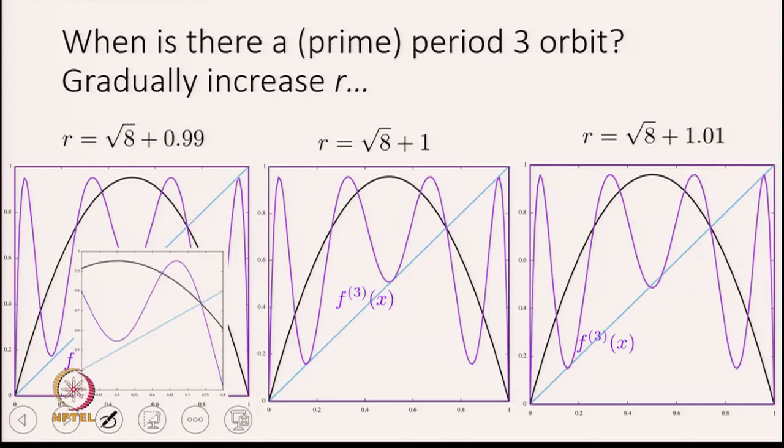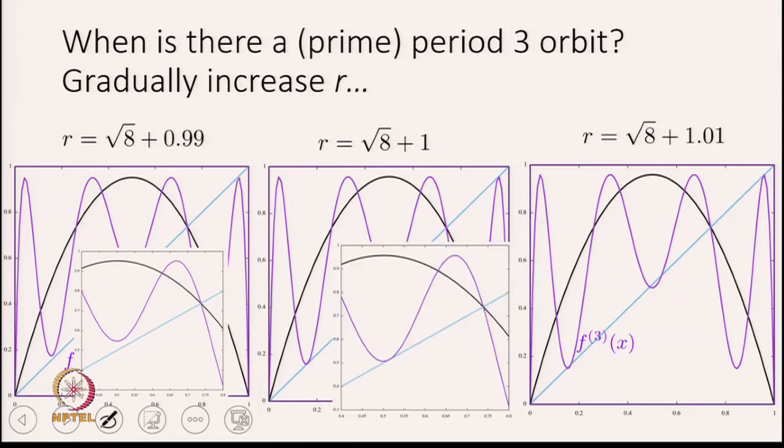But if we look at the map in the vicinity, we can see that this minimum over here is coming downwards towards the diagonal, but it is not quite touching the diagonal. If we now go to the square root of 8 plus 1, a little expansion of this region shows that this curve is now tangential to the diagonal.